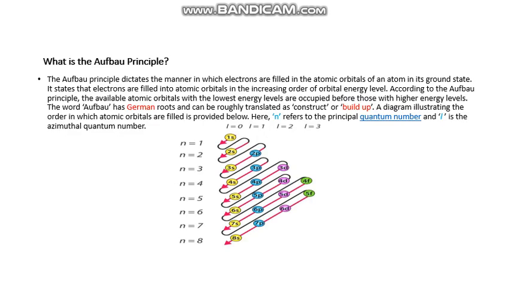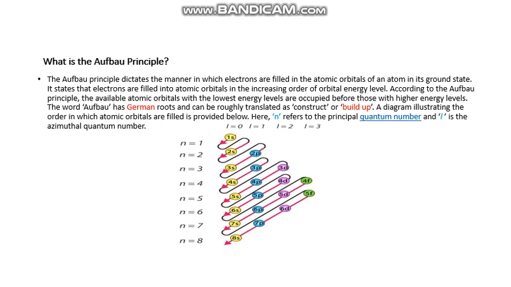For the electronic configuration, we must know the Aufbau principle. The Aufbau has German roots and can be roughly translated as construct or build up. A diagram is shown here in the slide. This arrangement is done on the basis of the n plus l rule, which tells us that filling of electrons in subshells is done from low energy to high energy, where n is the principal quantum number and l is the azimuthal quantum number.